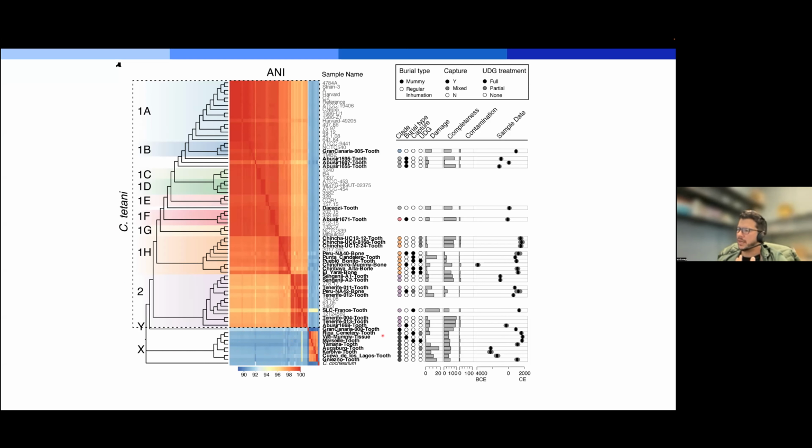So we actually think this represents a new species of Clostridium, and I'll tell you more about that in a couple slides.